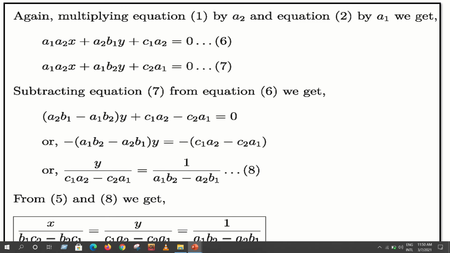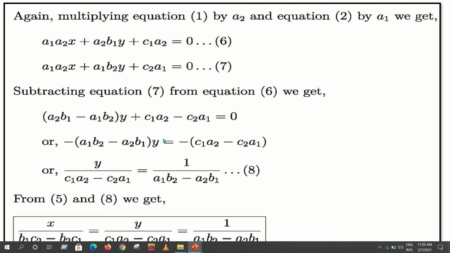Multiplying by minus, we'll get c2 a1, or we can cancel minus minus on both sides. As a result, the left side will be this into y and the right side will be c1 a2 minus c2 a1.